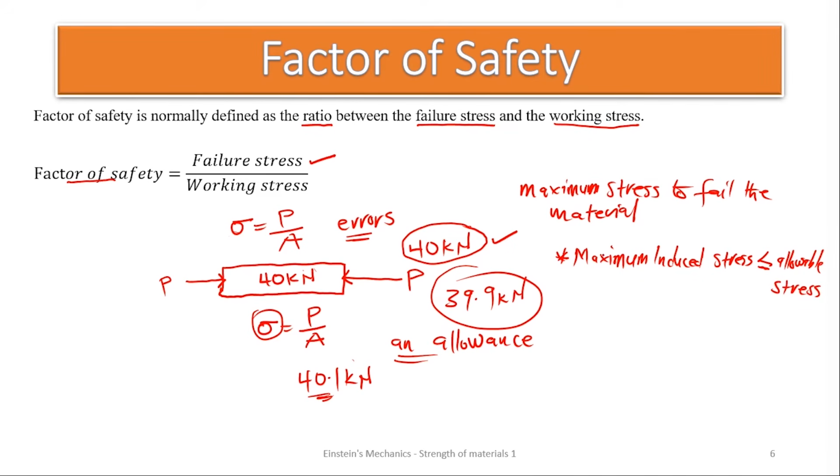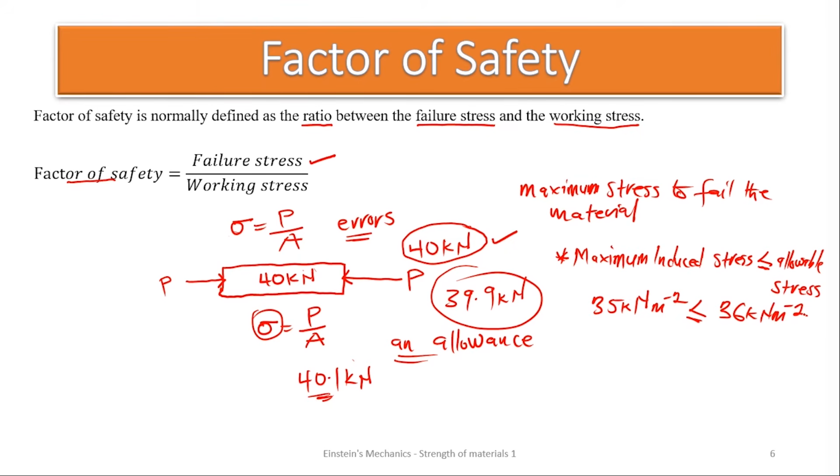So let's assume the maximum induced stress, which is the stress I'm going to work with. That's the stress I'm going to apply to my material. Let's take it as 35 kilonewton. This is what the force my work demands. I'm going to apply a force of 35 kilonewton to cause this type of what? Stress. And the allowable stress, that's the maximum this bar can contain. This one should always be less than it. So this should be 36 kilonewton.